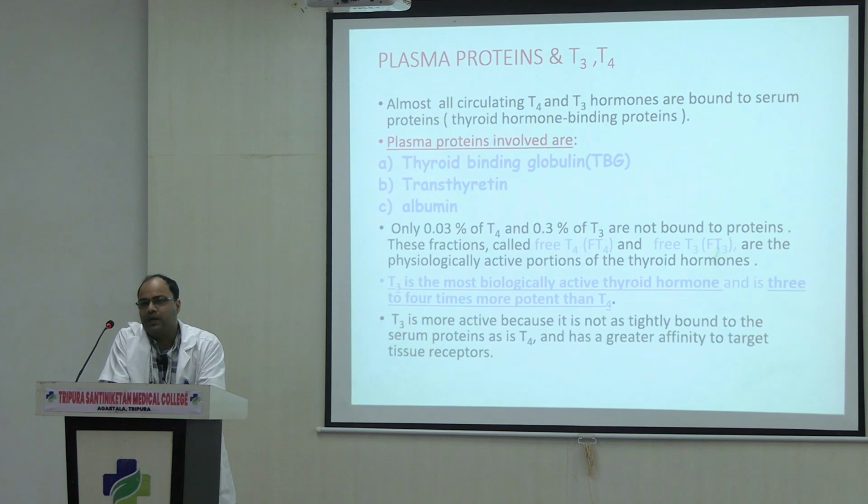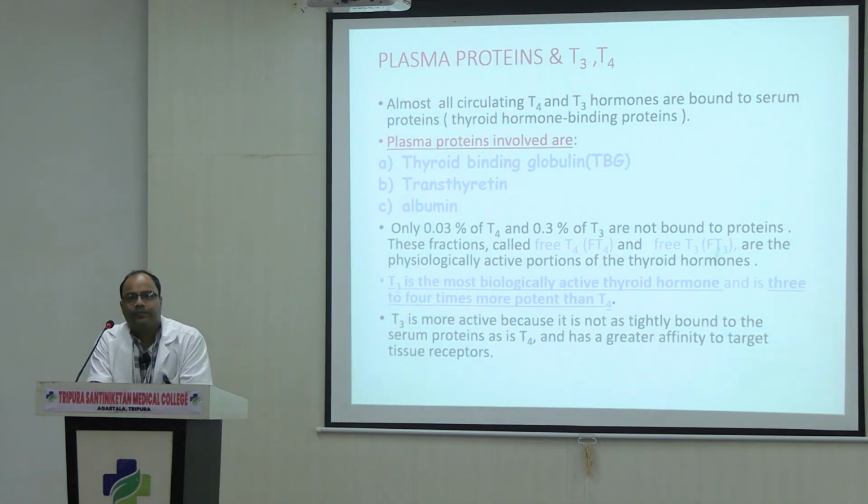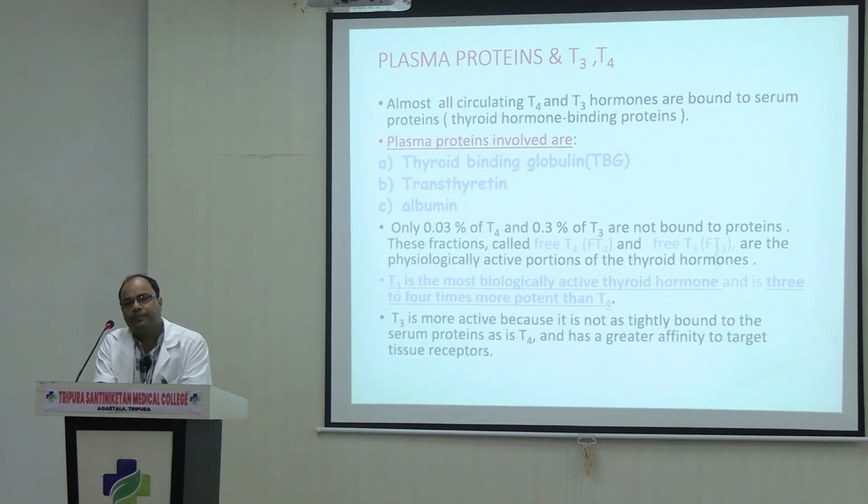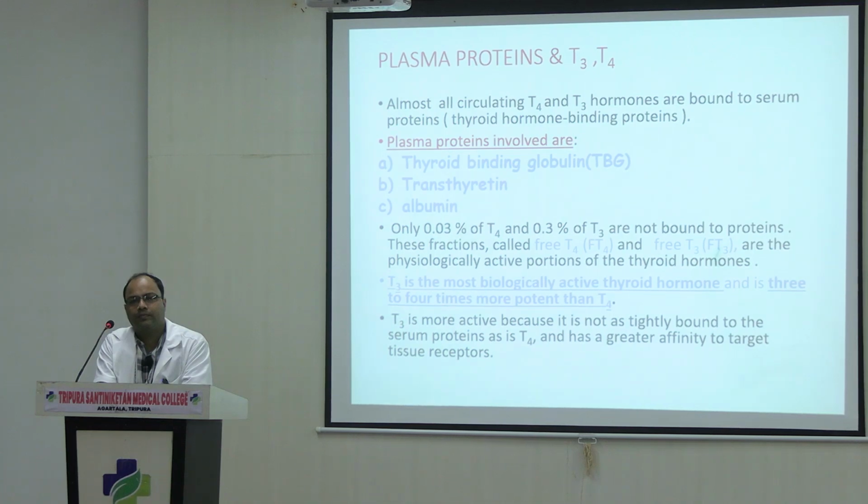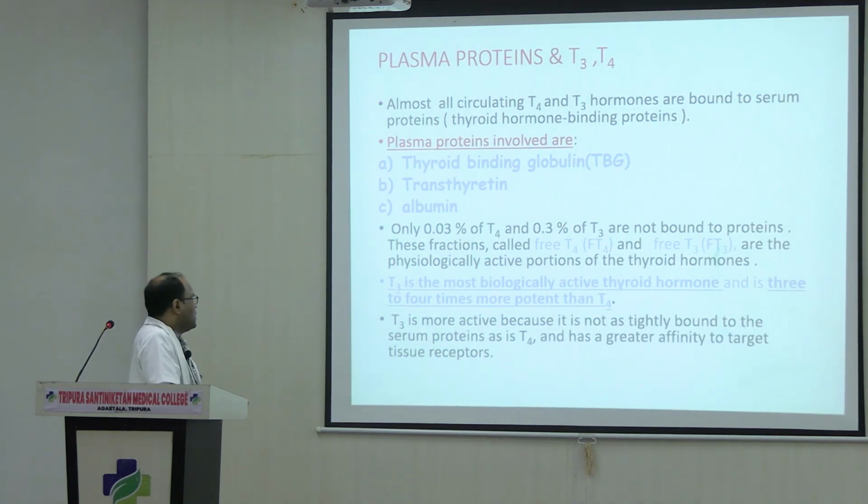So in our routine practice, we prescribe TSH and free T4 for thyroid function. In peripheral tissue, T4 is converted into T3. T3 is the biologically most active form and is 3 to 4 times more potent than T4.